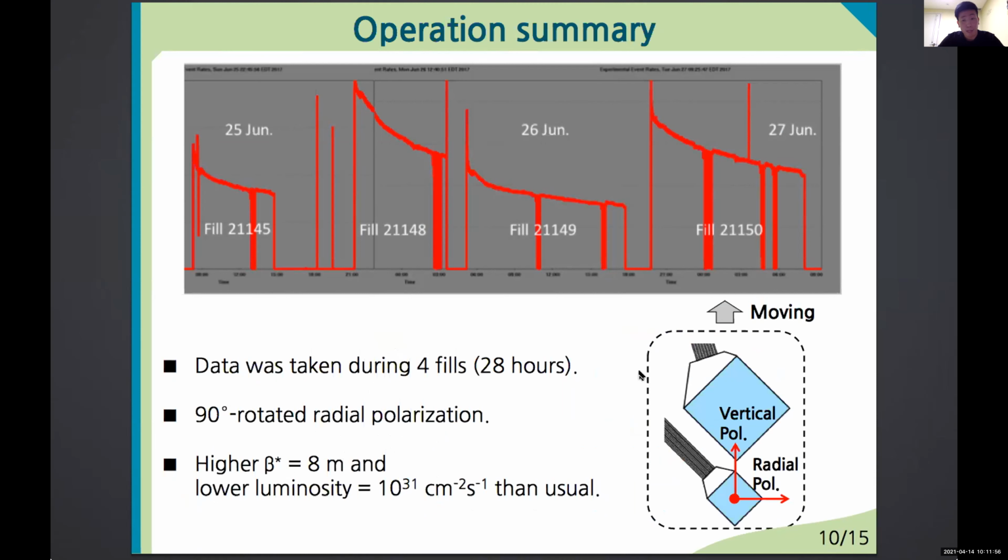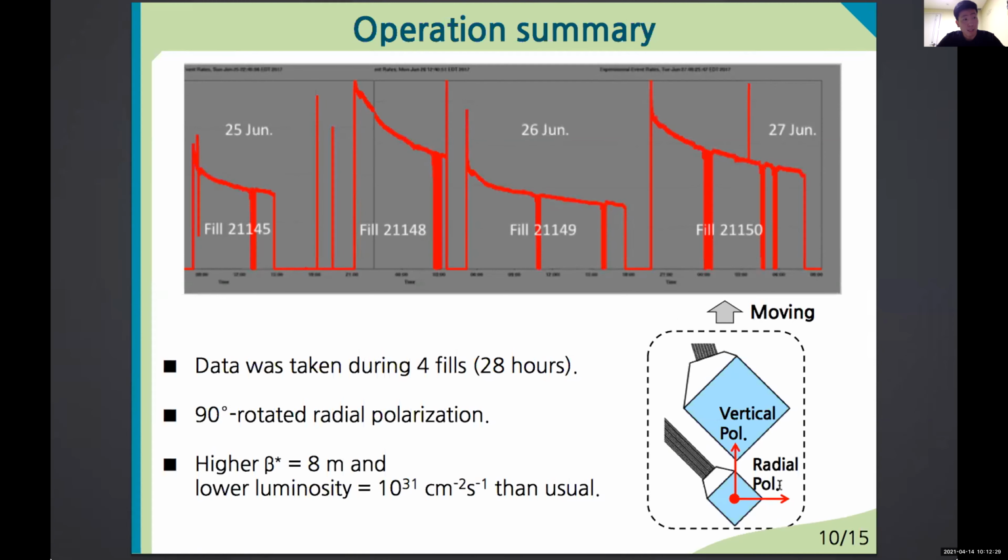If you see the right bottom figure here, as was presented, we moved the detector up and down for the wide PT coverage. For this geometry, if we use the usual vertical polarization, the measured asymmetry will be seriously diluted because most of the pi0 azimuthal angles will be close to zero. So we used the 90-degree rotated radial polarization to measure the left-right asymmetry more easily.